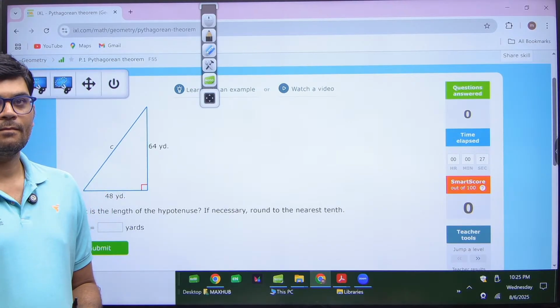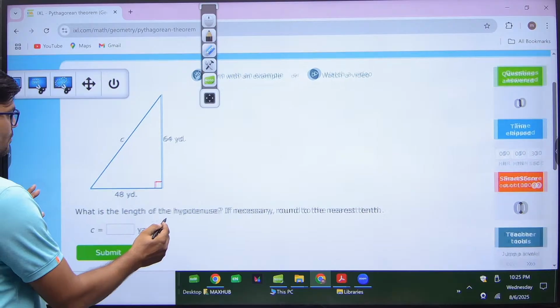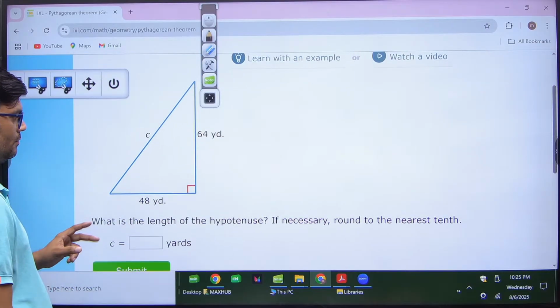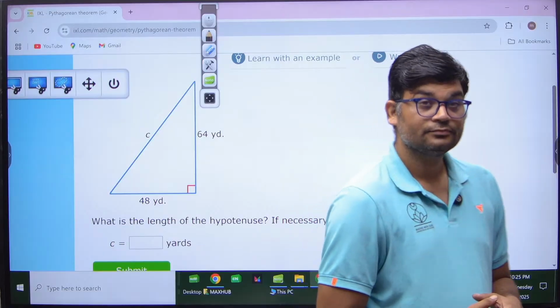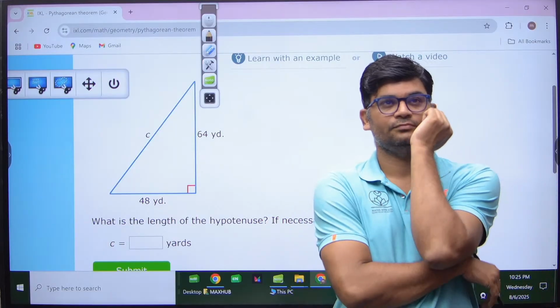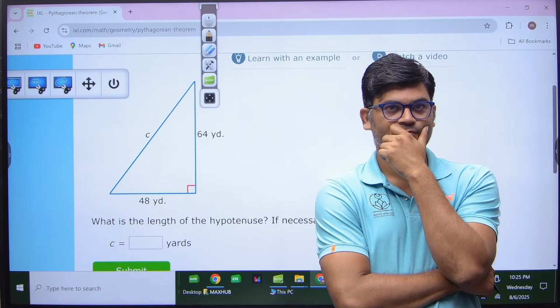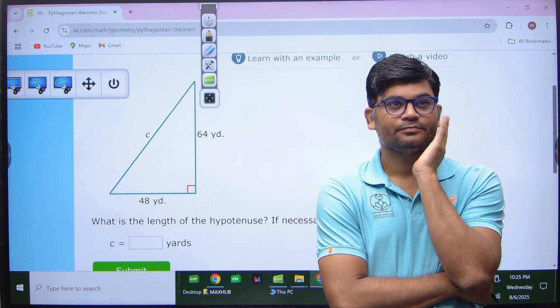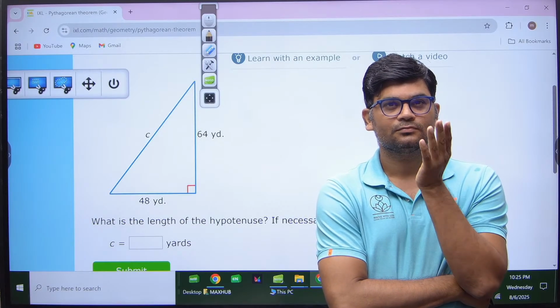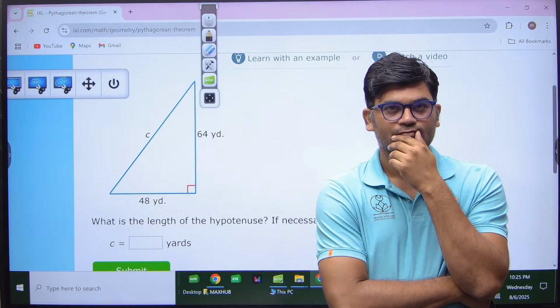That's 8 and 48. 8 and 6.93. What's your answer? It's 8 and 6.93.